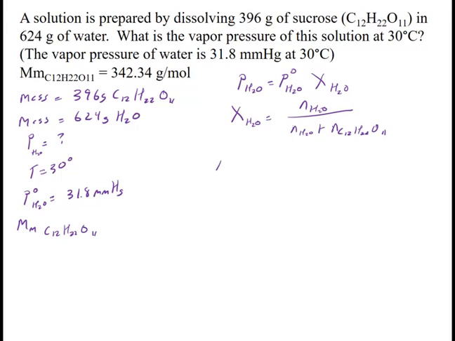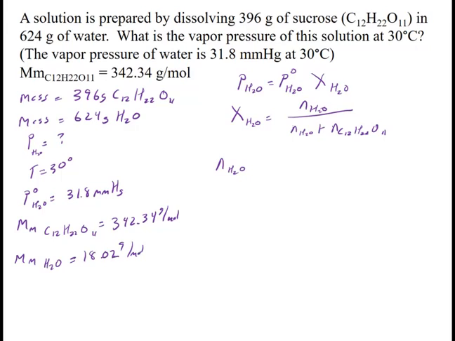Okay, so N of water. So I gave you the molar mass, I didn't write it down. The molar mass of the C12H22O11 is 342.34 grams per mole. Turns out we need the molar mass of water, and that's 18.02 grams per mole.